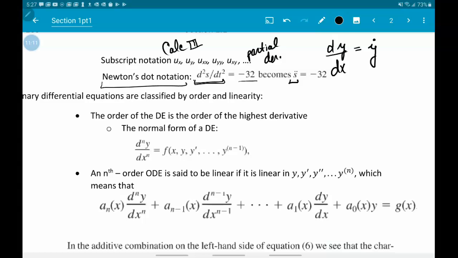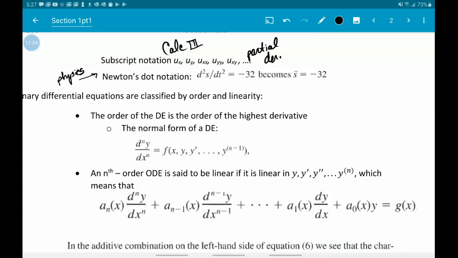Single dot for first derivative, two dots for second derivative. The variable that's used is the dependent variable. You see this sometimes in physics books. We are not going to use that notation in this class, but just to let you know that if you do see it somewhere, that's what it's referring to as a derivative.